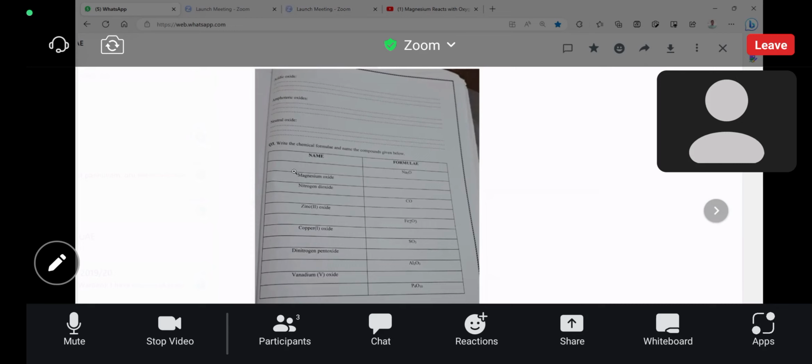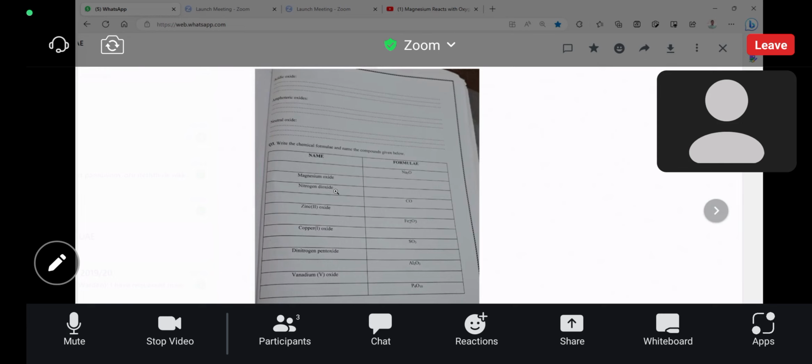And magnesium oxide, what is the formula? MgO. Now this is nitrogen dioxide. Nitrogen dioxide means nitrogen and two oxygens, so the combining form di comes before oxide. There should be two oxygens, NO2.